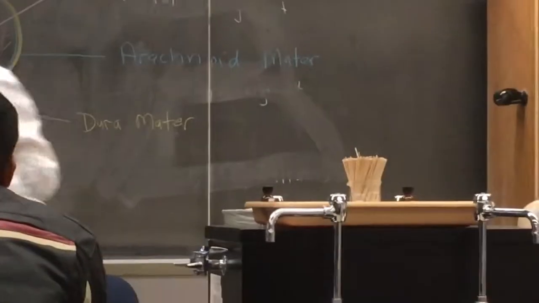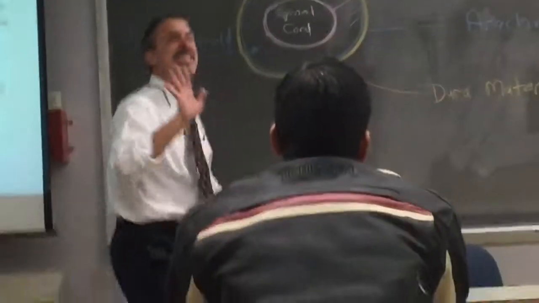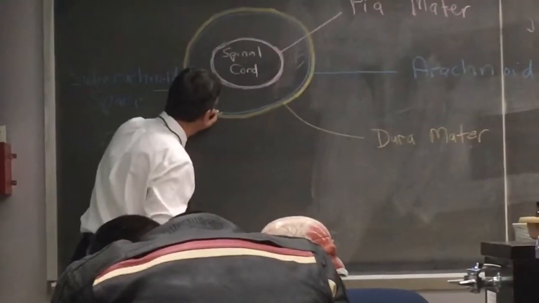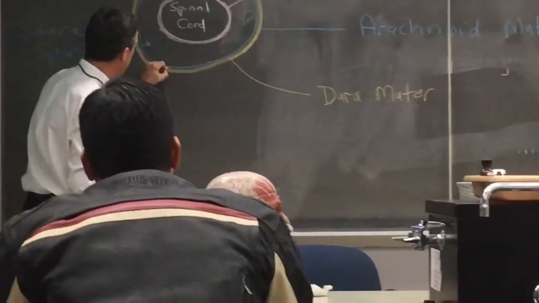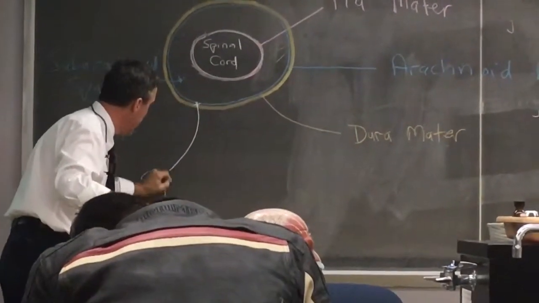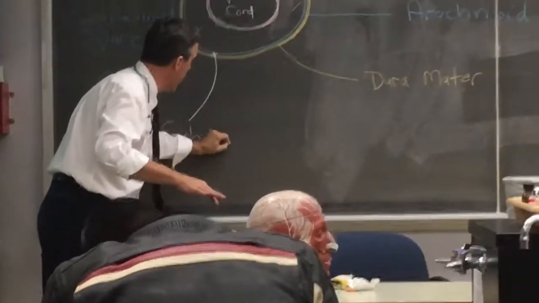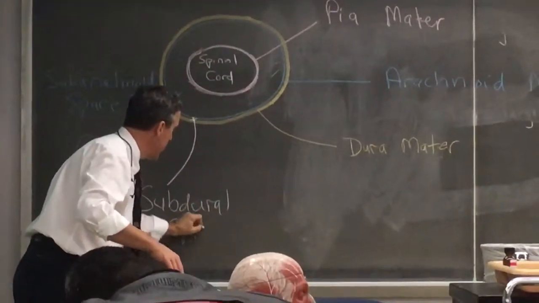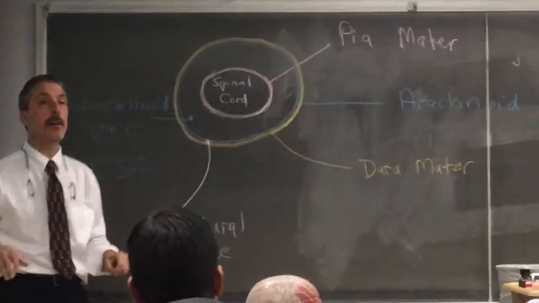So this space is a potential space. It is not there as long as there's no trauma, right? We didn't hurt ourselves. So watch this. This space right here, guys, is a potential space. It should not be there. You're going to call this the subdural space. So again, what does sub mean?